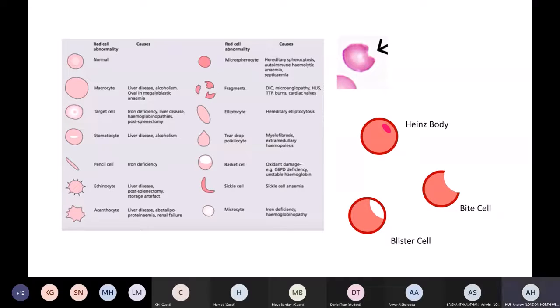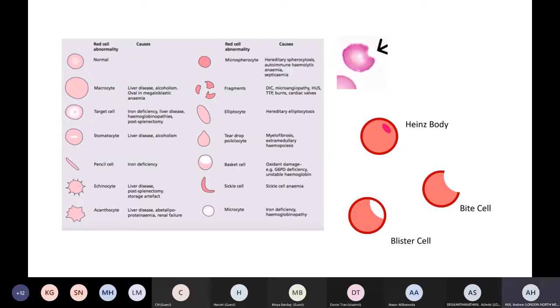So G6PD is an enzyme, it's part of the pathway that mops up free radicals. So if you're deficient in that, your red cells are going to be exposed or at risk of oxidative stress and damage, especially during times of stress like infections, but it can also be a reaction to antibiotics. If you have lots of free radicals, your proteins get denatured, including hemoglobin, and that can aggregate into inclusion bodies like Heinz bodies, which is why we see them in G6PD.